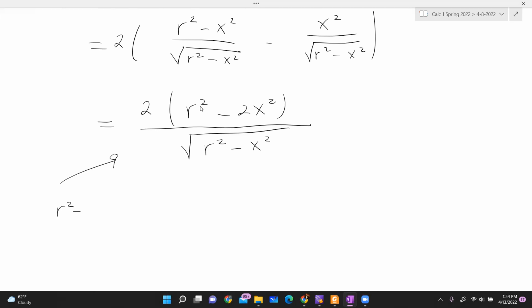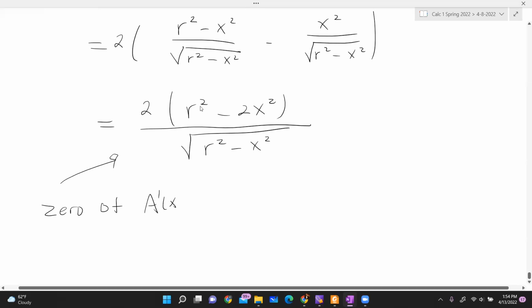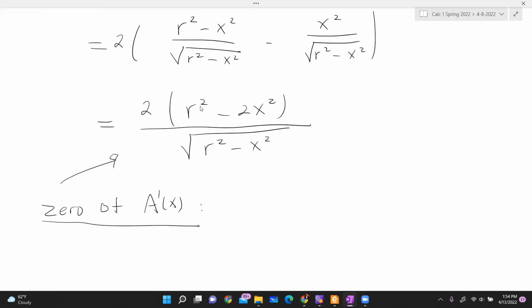So we have, let's say, a prime of x. That's 0 when the numerator is 0. And if you solve for that, you get, let's say, 2x squared is equal to r squared minus x squared.